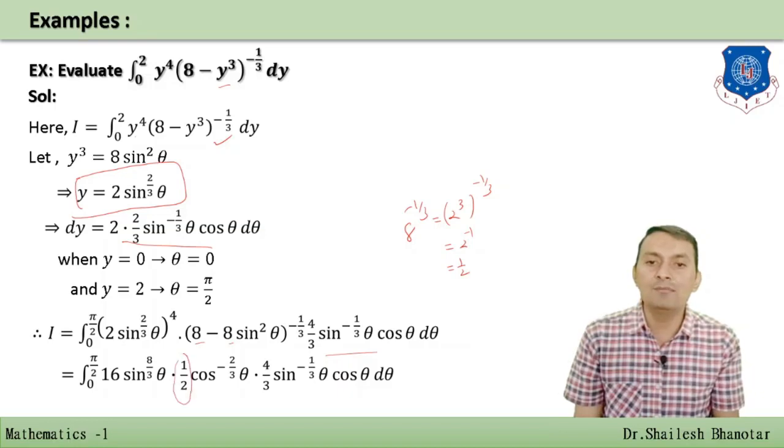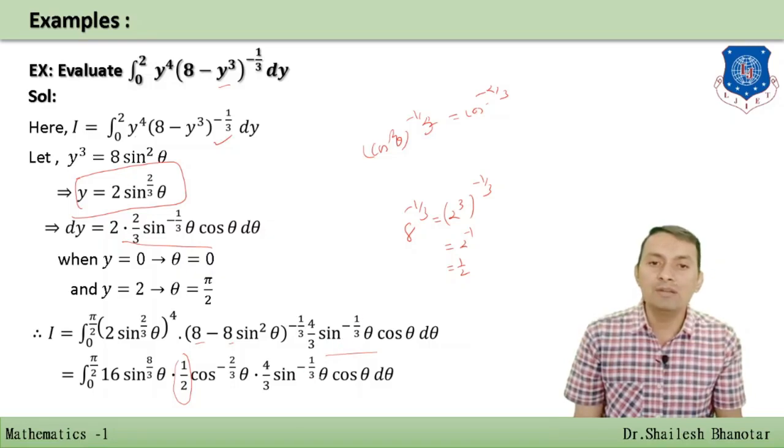So we have 1 by 2, and 1 minus sine square theta is what? Exactly cos square theta, so cos square theta raised to power minus 1 by 3. So I will get cos raised to minus 2 by 3, and another is sine raised to minus 1 by 3 theta and cos theta d theta.